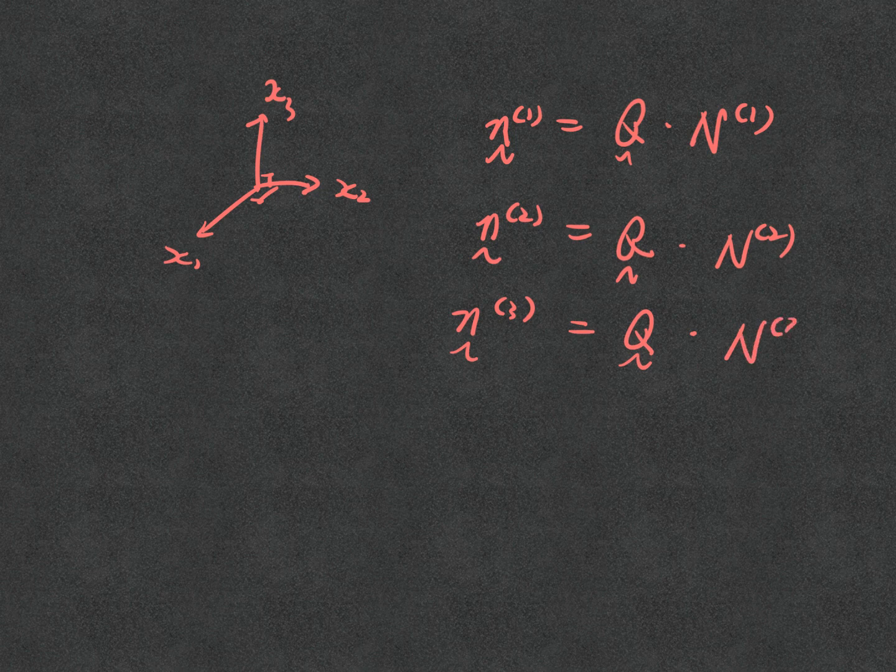So Q is a second order tensor that maps the reference N vector to the current non-capitalized n vector.